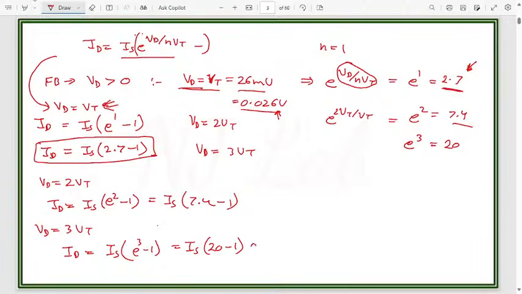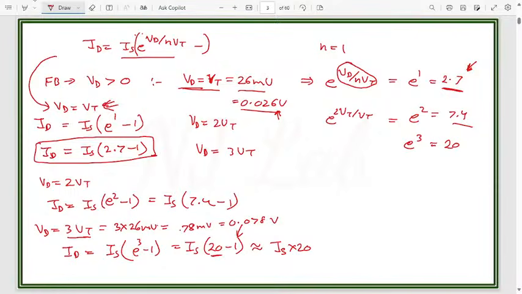We can approximately write this as Is into 20, meaning we can skip the minus 1. Why? Because even if it is three times Vt, it is just 3 into 26 millivolt, which is 78 millivolt, meaning 0.078 volt. So it is very small, and at this small voltage we are already getting 20.